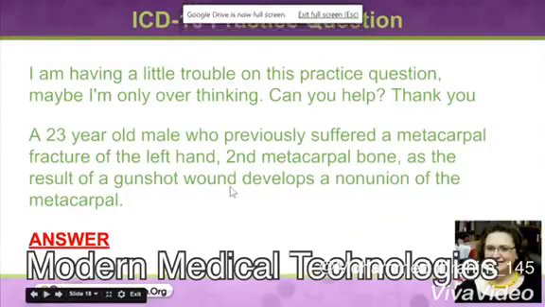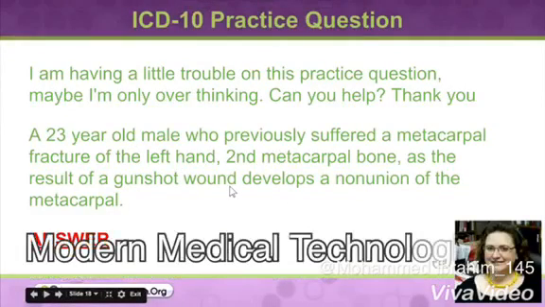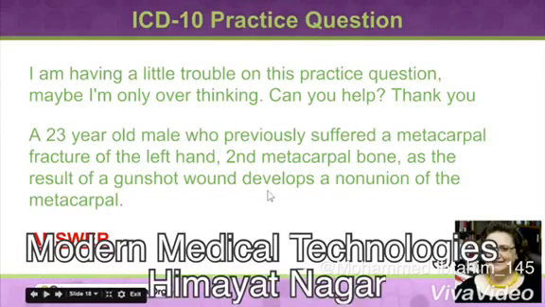So one of the things that is different in ICD-10 than ICD-9 is when a person comes in for a sequela, which is a late effect. And this person has a late effect, a non-union of the metacarpal, and the metacarpal bones are in the hand.